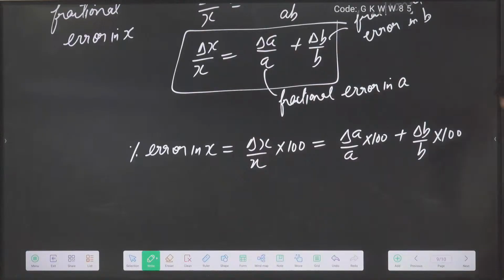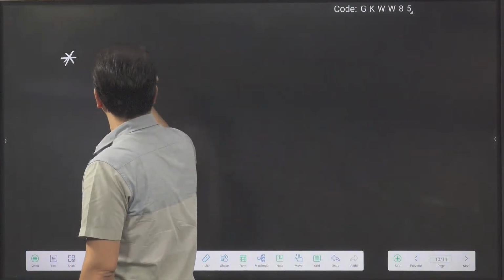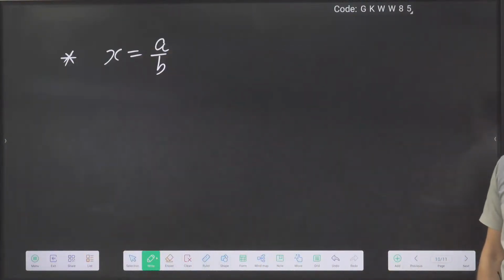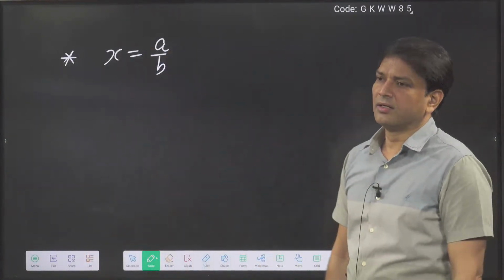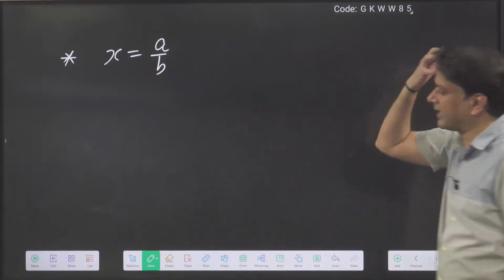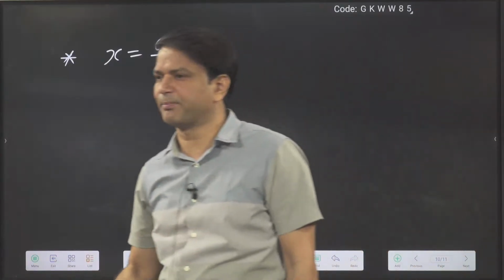Okay. So similarly, suppose I am saying x is equal to a by b. How will you calculate the error? Whether it is addition, subtraction, multiplication or division, we are always calculating the maximum possible error.